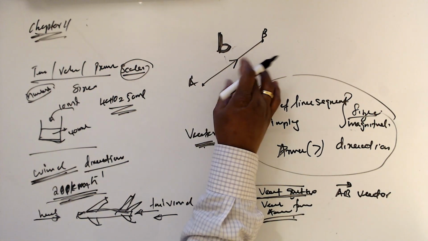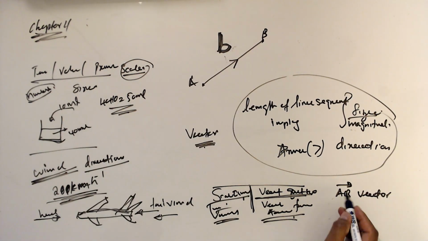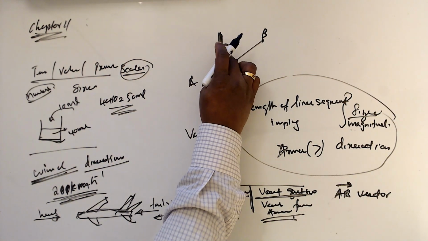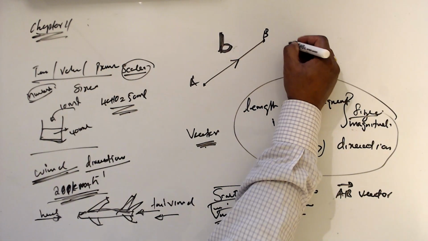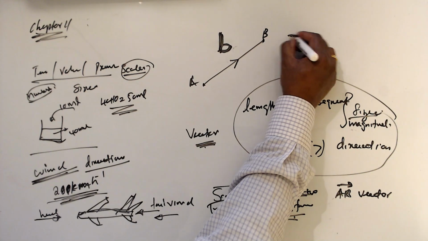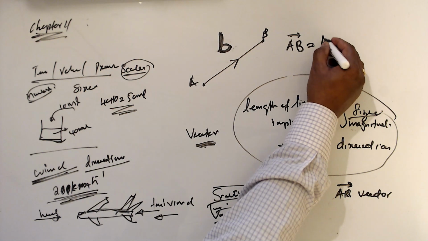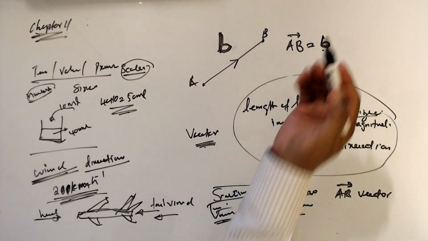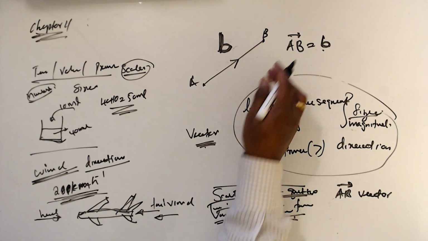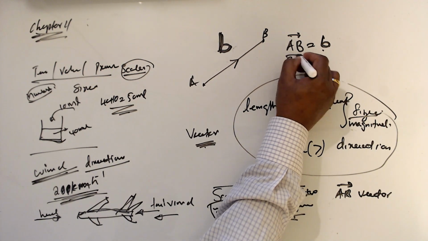So we can draw and give a direction. On top we can give two letters, and we can write as well. This will imply A to B, or we can write like this, bold B. A to B vector we name differently, B. Then A to B is B. Then B to A is what?